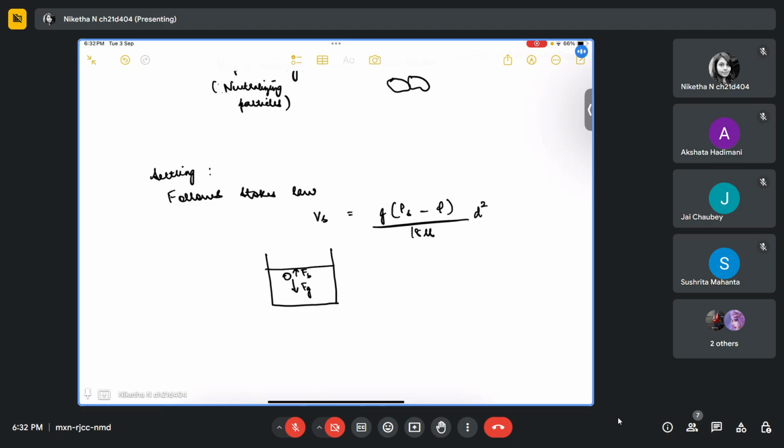So the velocity of this particle will depend on the balance of these forces. The velocity of the particle at equilibrium is called the settling velocity, or Vs. This is given by this expression where g is the gravitational constant.